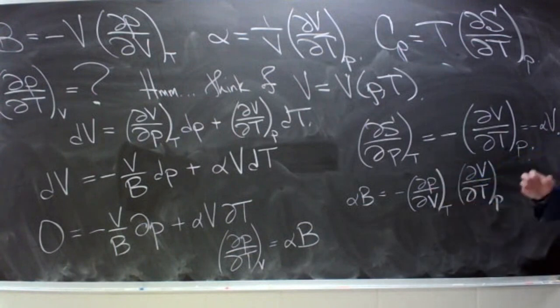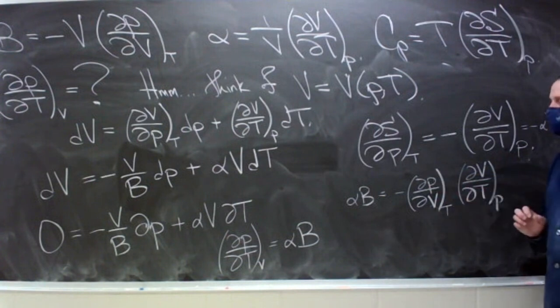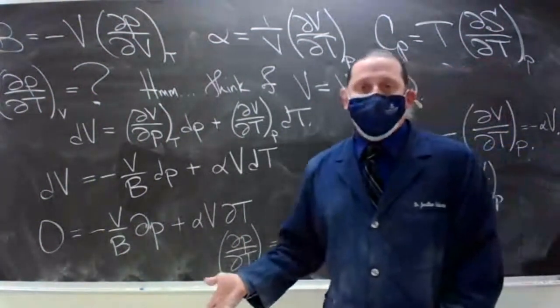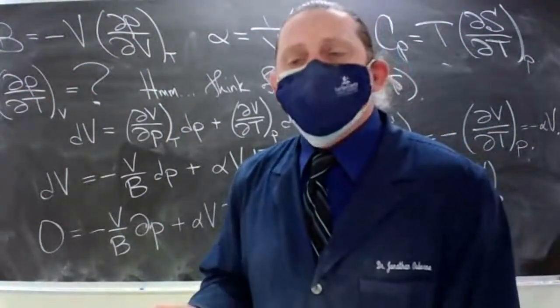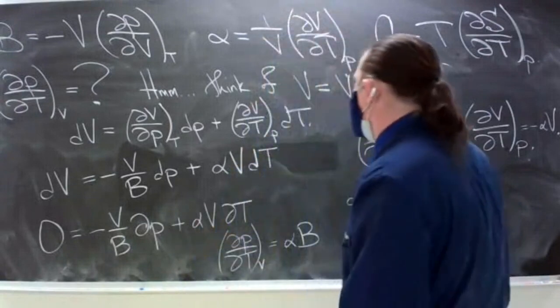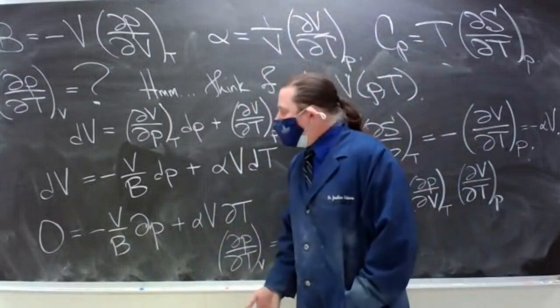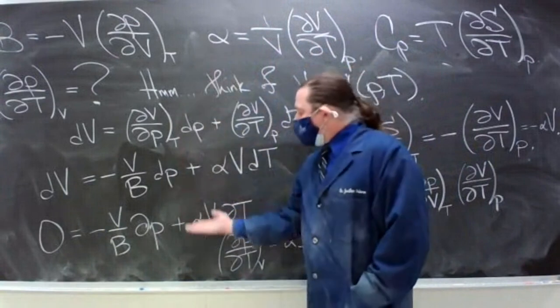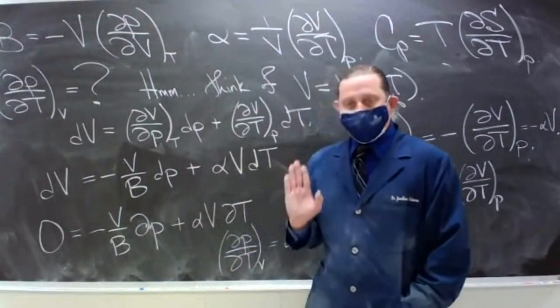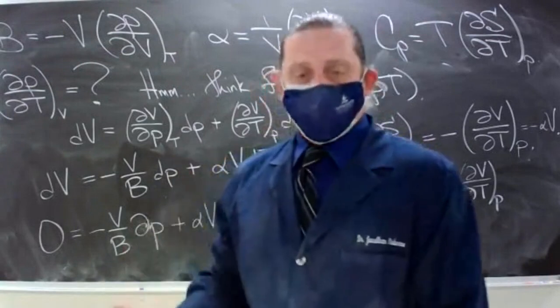So this is not the same thing as just dP by dT at constant volume. It turns out that the difference is just a minus sign, but we can't expect that to be the case at all times. It is far safer to go through this process carefully to relate the derivatives to one another.